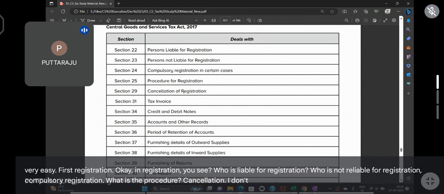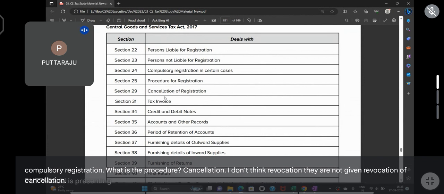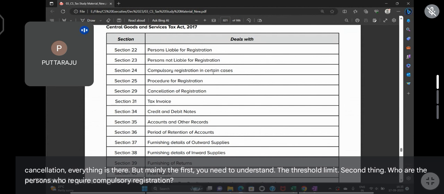I don't think they have given revocation of cancellation. Everything is there. But mainly, first you need to understand the threshold limit. Second, who are the persons who require compulsory registration. These 2 are main in this registration.